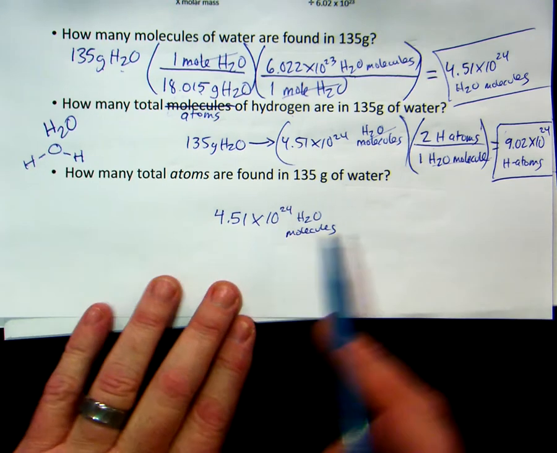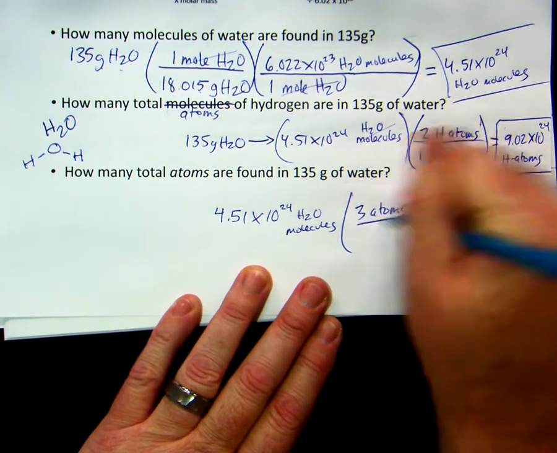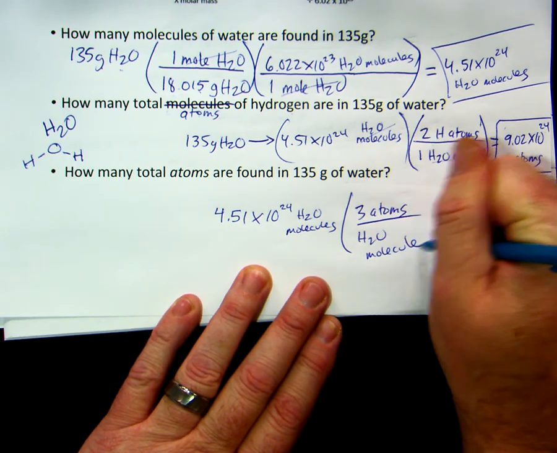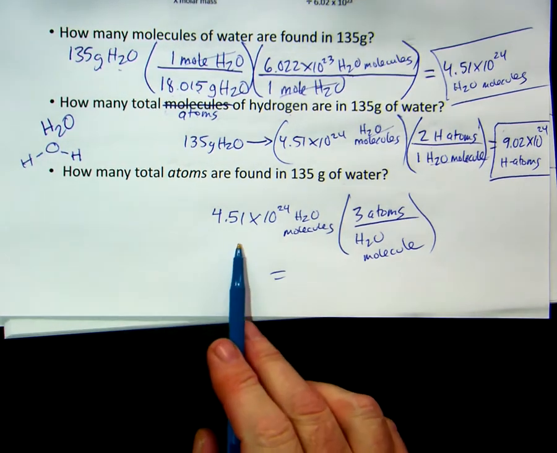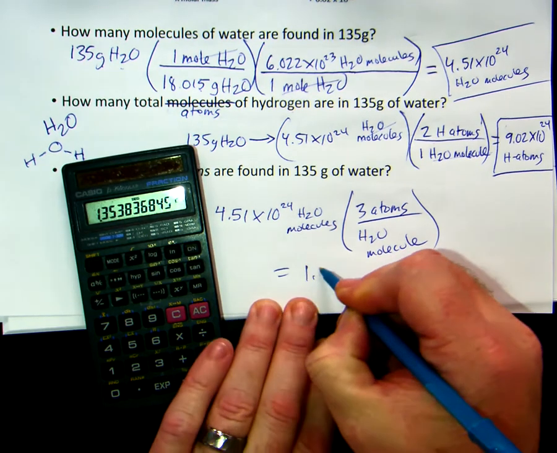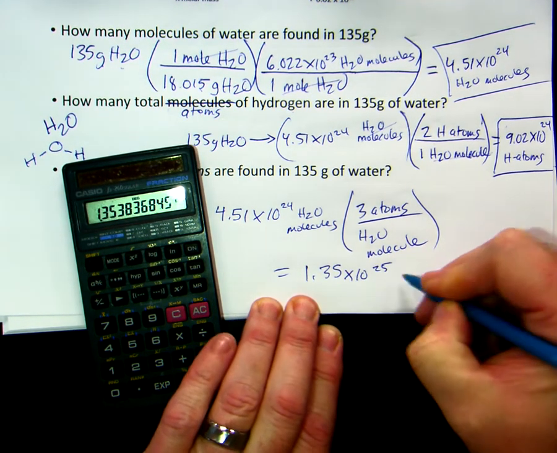So if we have this many molecules, and we have 3 atoms per water molecule, we just multiply this number times 3 for the total number of atoms. So I got 1.35 times 10 to the 25th total atoms.